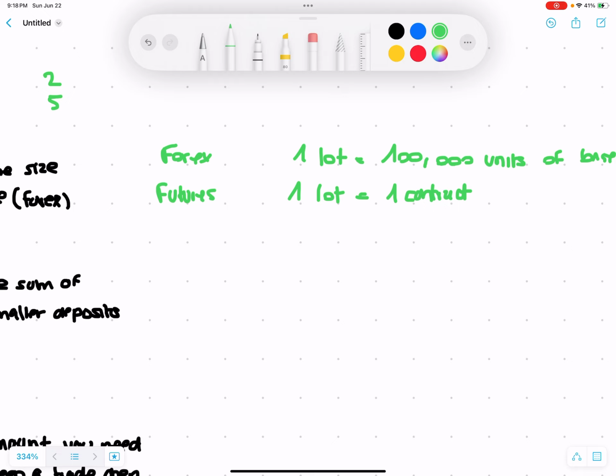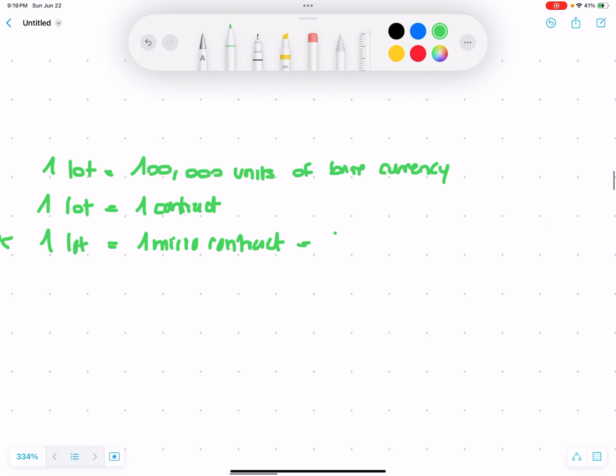Now, if you go to micros, if you already did the math, one lot is also equal to one micro contract. But one micro contract is equal to 1/10 of a contract.